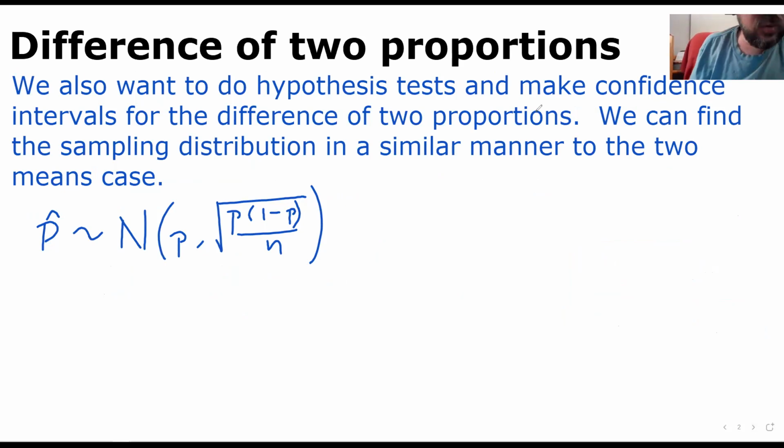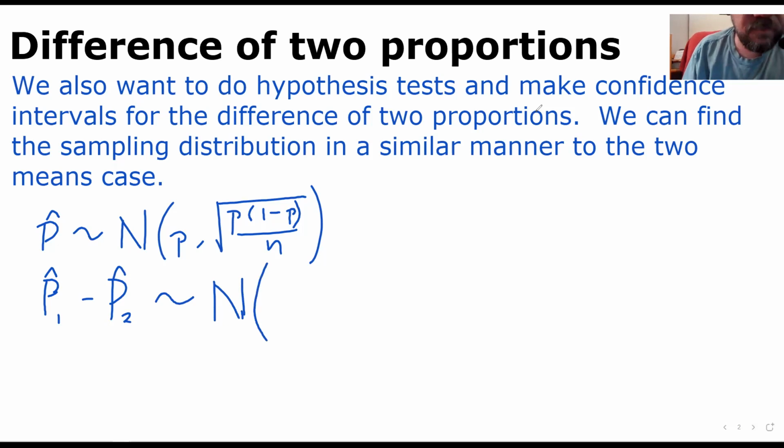So if I have the difference of two proportions, let's call it P1 hat minus P2 hat, then that distribution is approximately normally distributed because, again, P1 hat and P2 hat are normally distributed. So when you combine them, you get another normal distribution with a mean of, well, you subtract the means. So it's going to be P1 minus P2.